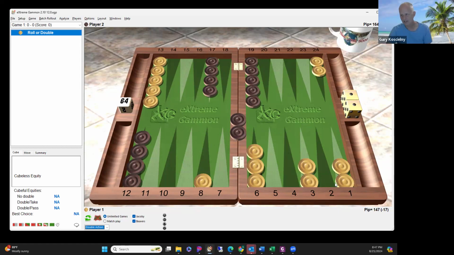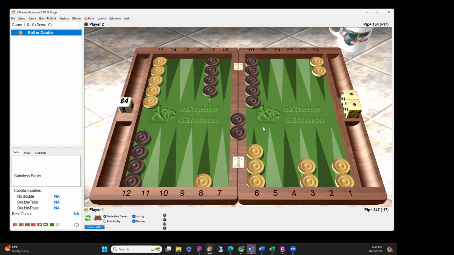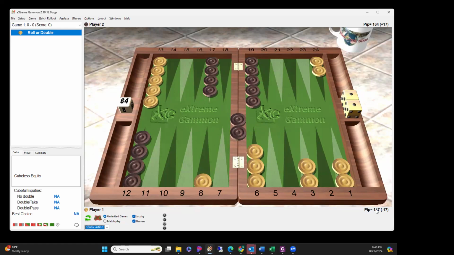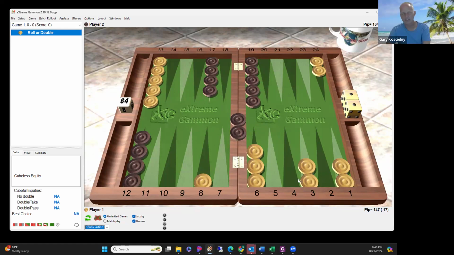So this is going to be a double. Is this a take? No. Yeah, and now going through all the criteria, why is it not a take? Because we don't have prime.